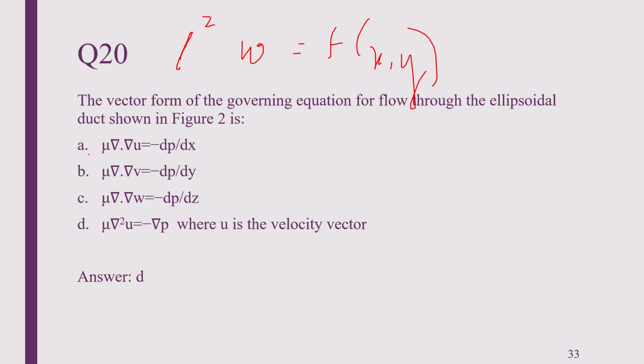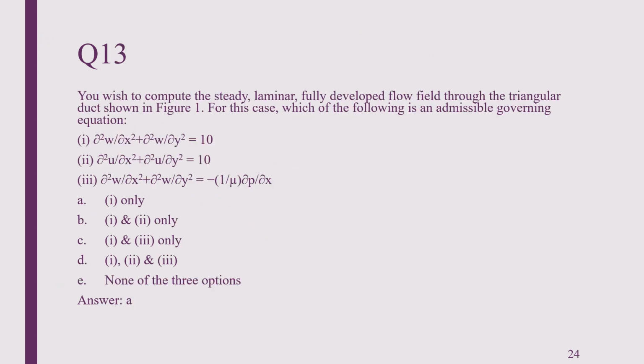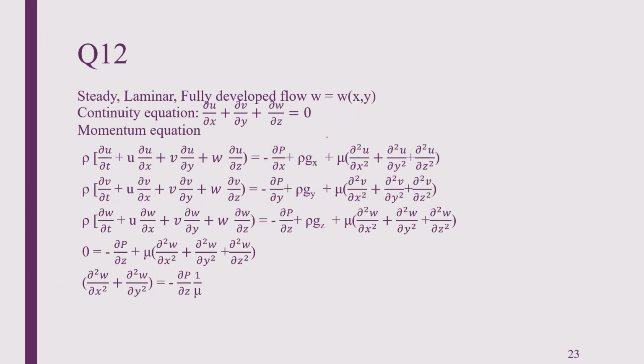In the question itself, what they have asked is the vector form of the governing equation. So instead of writing it in the u, v or w component, we need to give it in the vector form. Here the flow vector is u, which has the components u, v and w. In order to write the vector form of the governing equations, we take the momentum equation.